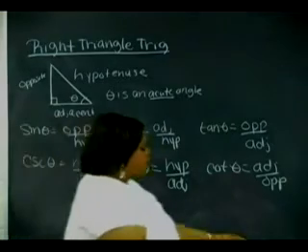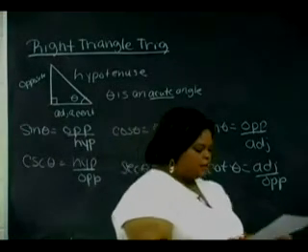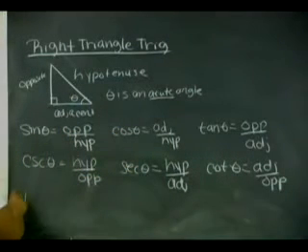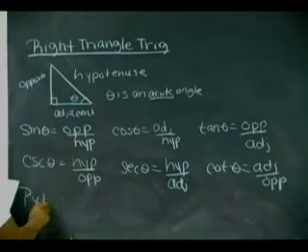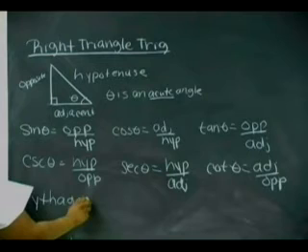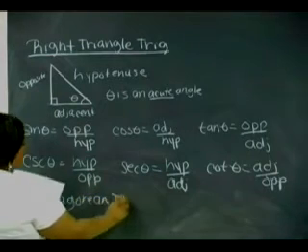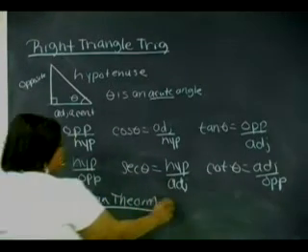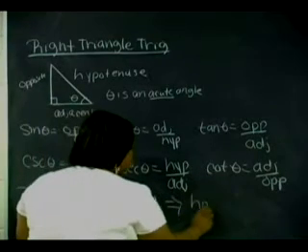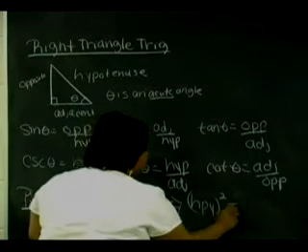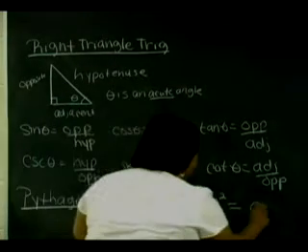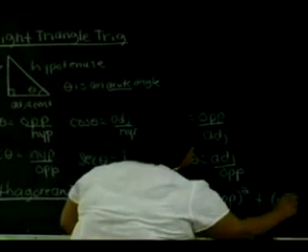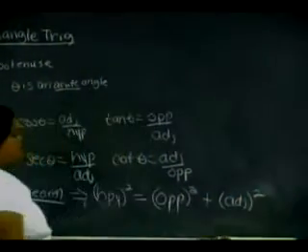Now, we have a theorem that I'm sure we have all seen, the Pythagorean theorem. We've all seen that one, right? Pythagoras came up with this theorem, as well as other properties. But the Pythagorean theorem states that the hypotenuse squared equals the opposite side squared plus the adjacent side squared.